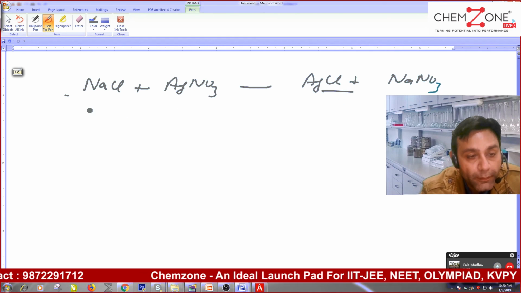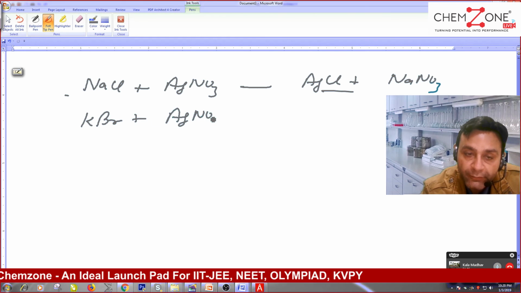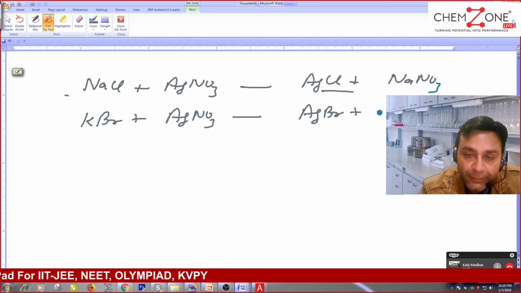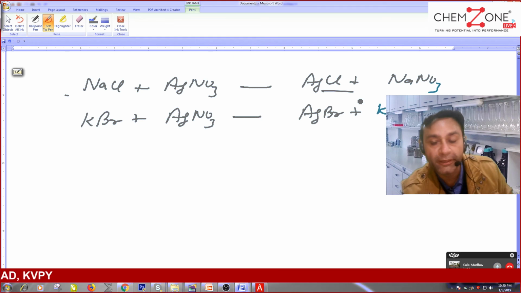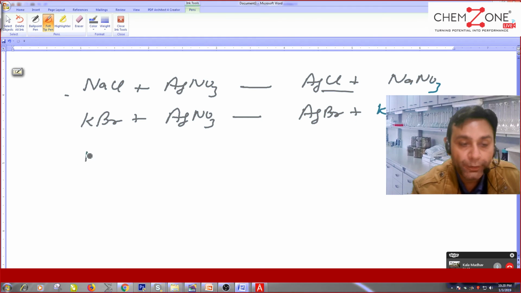If I have a salt of potassium bromide and react it with silver nitrate, then what will I get? AgBr, the creamish color. If I get a cream color PPT here, it confirms that it contains the bromide ion. Suppose I have potassium iodide and react it with AgNO3.